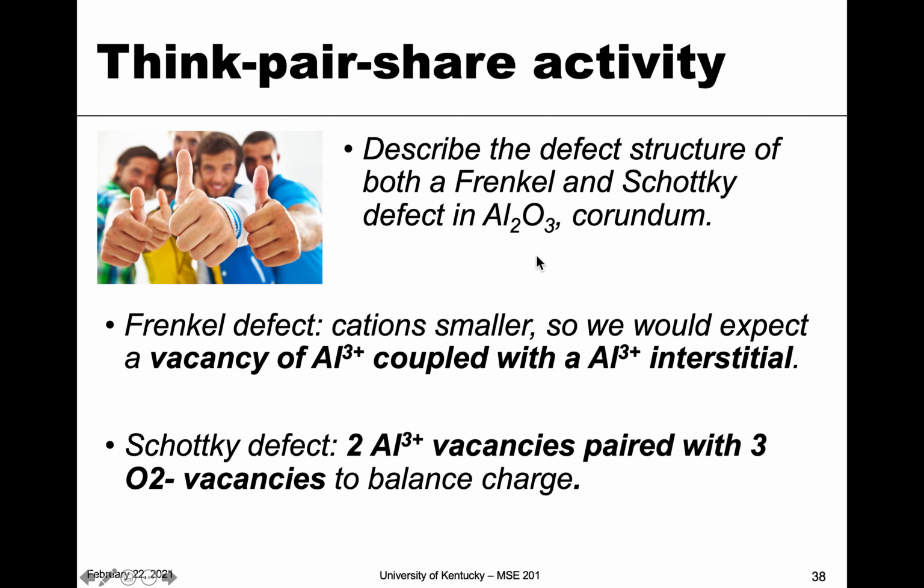So we just couple that as 2 aluminums. So that would give us +6. And then 3 oxygens, which would be -6. So basically, you can always think of it as a formula unit. 2 of these, 3 of these vacancies will give you a balance of charge inherently. So that's how we can balance it in that case. And that's how we would do this for corundum or Al2O3.